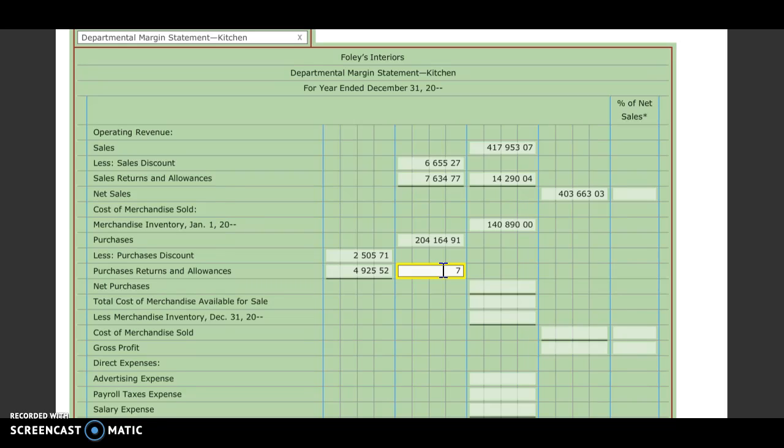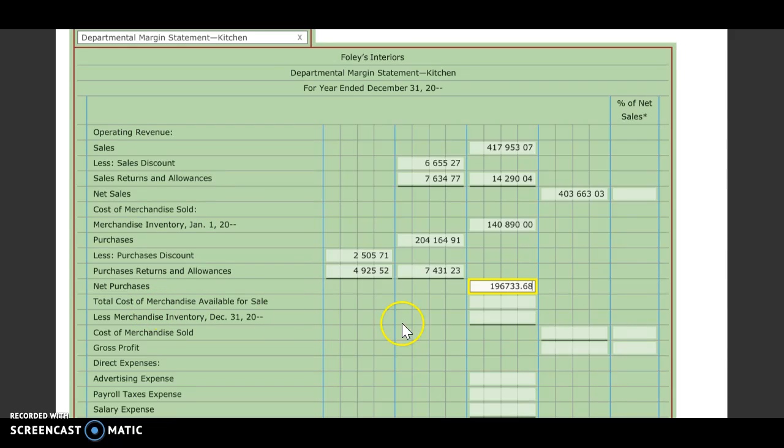And I should get 7,431.23. Then to get my net purchases, I'm going to take my purchases minus those deductions, and I'll get 196,733.68.